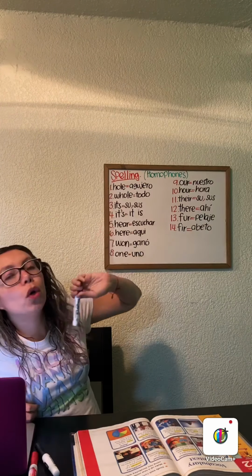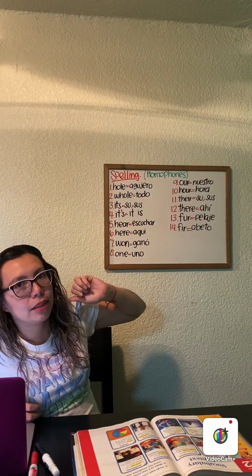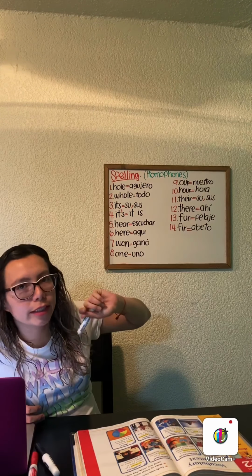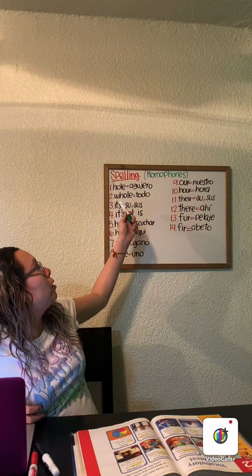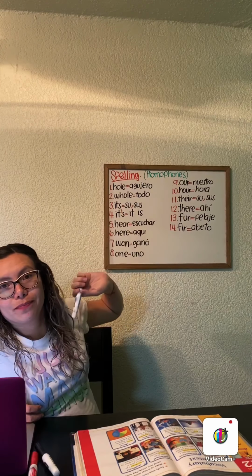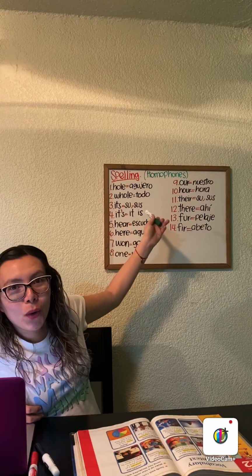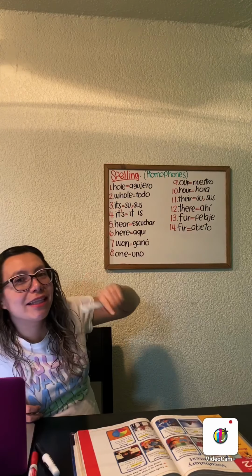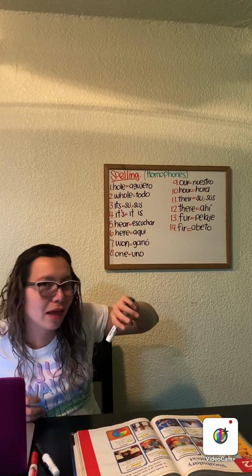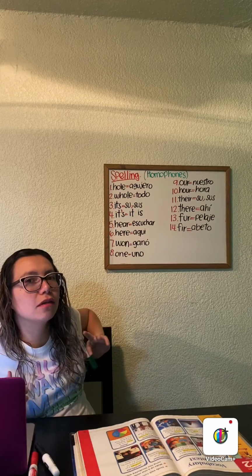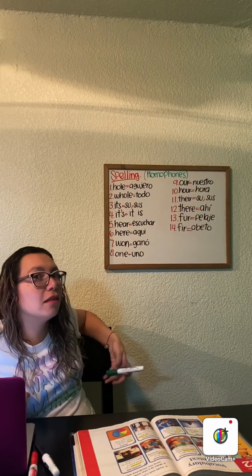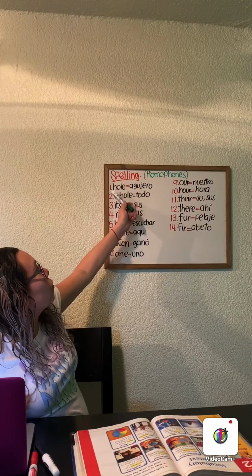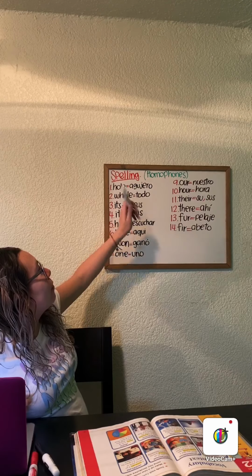Number 1, whole. Repeat, whole. Number 2, whole. They sound pretty much the same, but the difference is in the meaning and in the spelling. On the first word we have H-O-L-E.